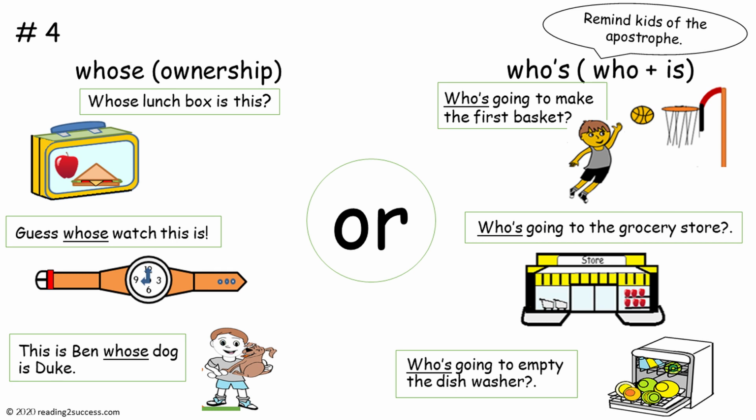And then for the contraction who's, W-H-O apostrophe S, which stands for who is. Who's going to make the first basket? Who is going to make the first basket? Who's going to the grocery store? Who is going to the grocery store? And who's going to empty the dishwasher? Meaning who is going to empty the dishwasher?